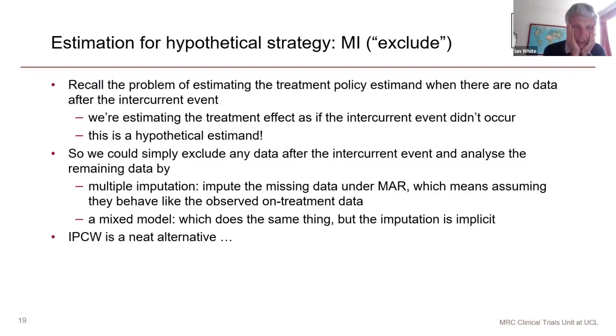Well, now this is where we're going to harness that, because if we do a model like a mixed model or multiple imputation, where we take little account of the fact that the intercurrent event has occurred, then we're going to be imputing our values as if they were still on treatment or without the intercurrent event. And so this suggests that we can do a multiple imputation approach, or we can do a mixed model approach, which of course doesn't actually impute, but implicitly it does impute.